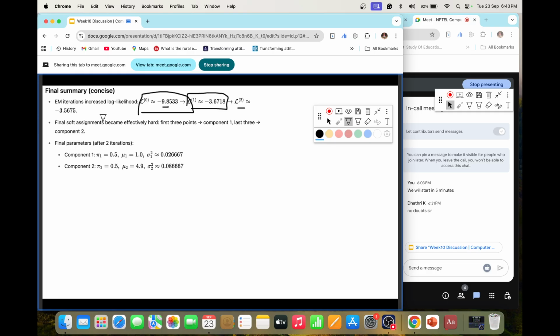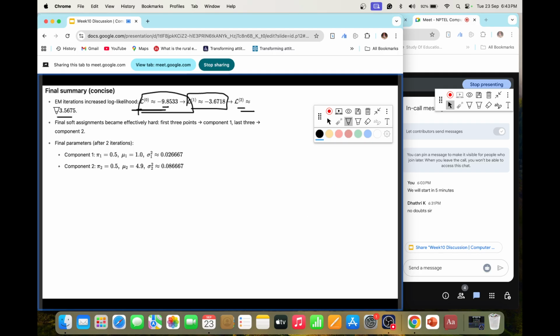Again, L0, or the likelihood at step 0, is minus 9 point something, then the likelihood at the first step is minus 3 point something, so the likelihood is increasing, and in the second iteration it is minus 3.56, so again from minus 3.67 to minus 3.56. The likelihood is increasing when we change the values of pi1, mu1, and sigma 1. So that is how we apply the EM algorithm for GMM clustering.